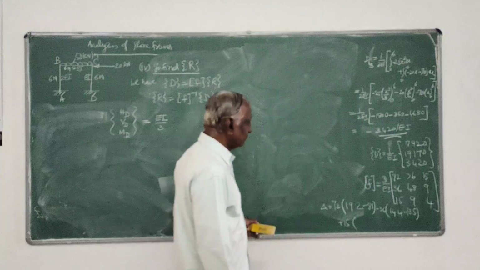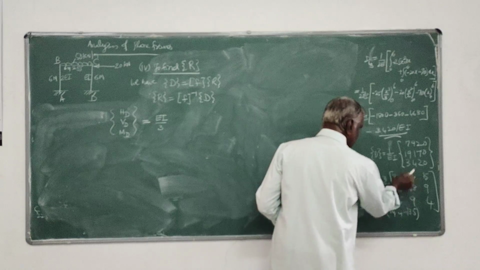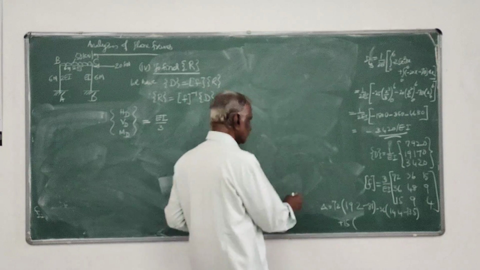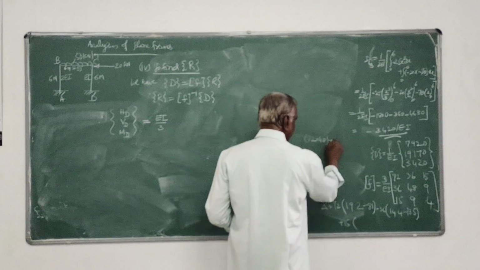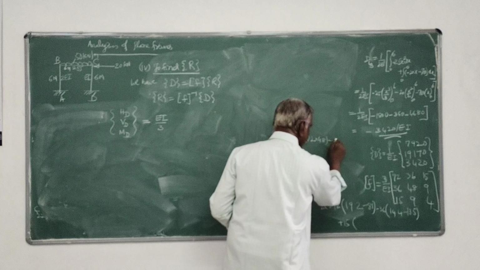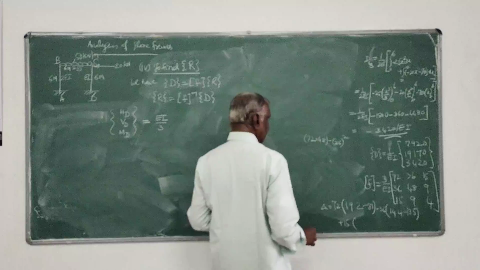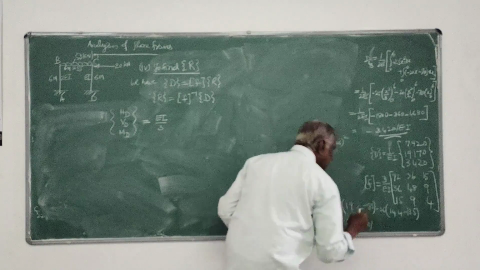How much is that? 72 into 48, 3456. 3456 minus 36 squared, 2160. Final answer? Yes, sir, 2160.